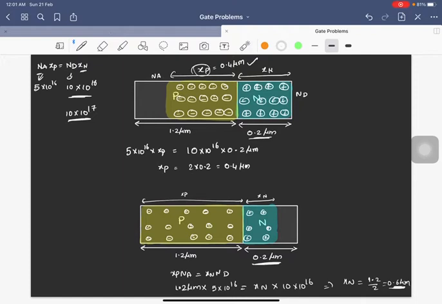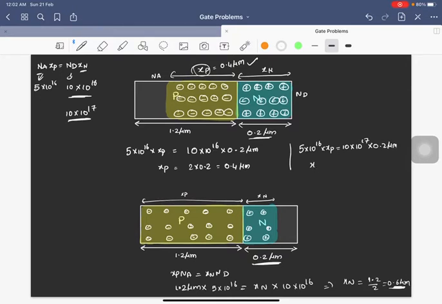Now let me do the same calculations. So I will be writing here 5 into 10 power 16 into xp equal to 10 into 10 power 17 into 0.2 micrometer, right? The same thing. Instead of 10 power 16, I took 10 power 17.